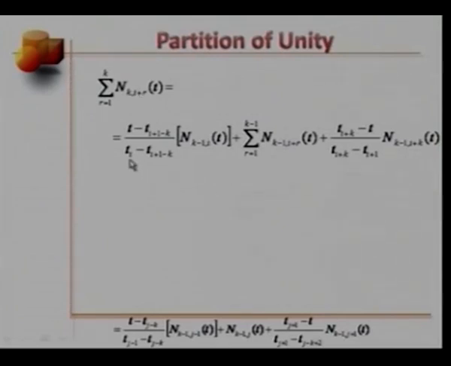So you'll have the first term corresponding to j equals I, the last term corresponding to j plus 1 equals I plus k, and then you'll have k minus 1 terms getting added together.